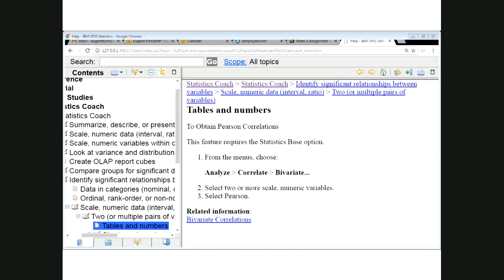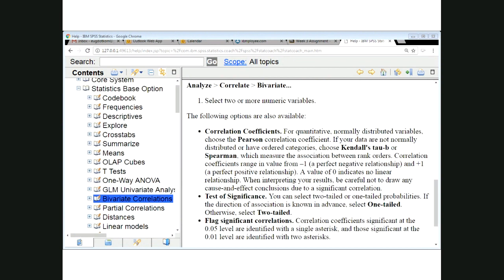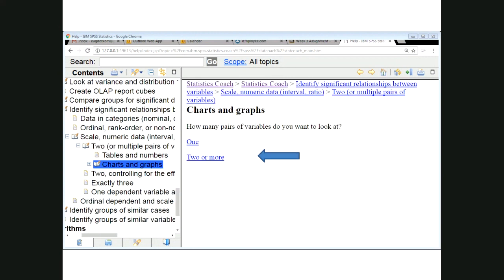And then this will walk you through the steps of what you need to do. I just wanted to point that out because it's a helpful tool, and some students like that because it can give them some additional practice.